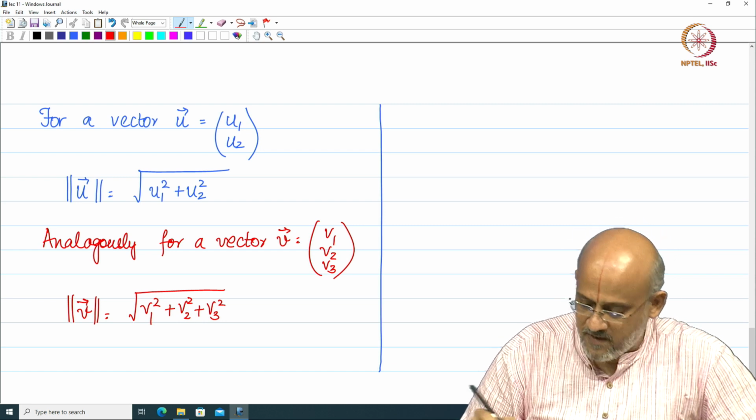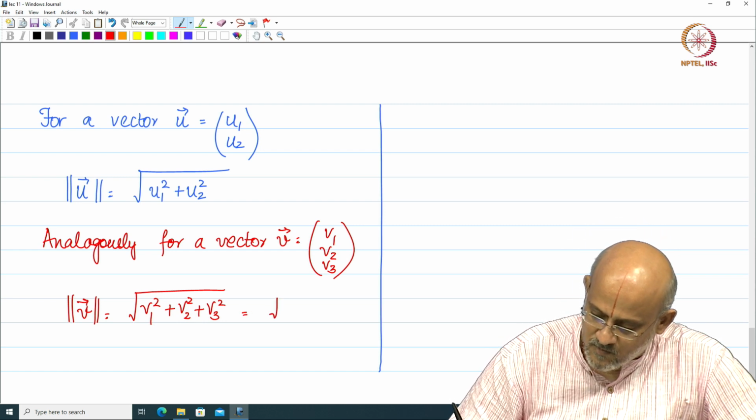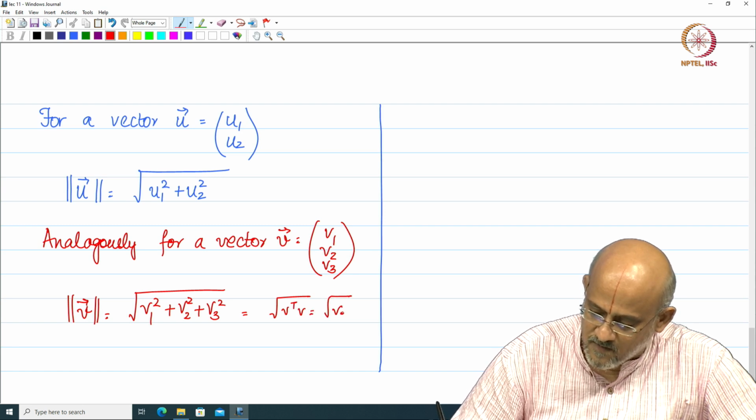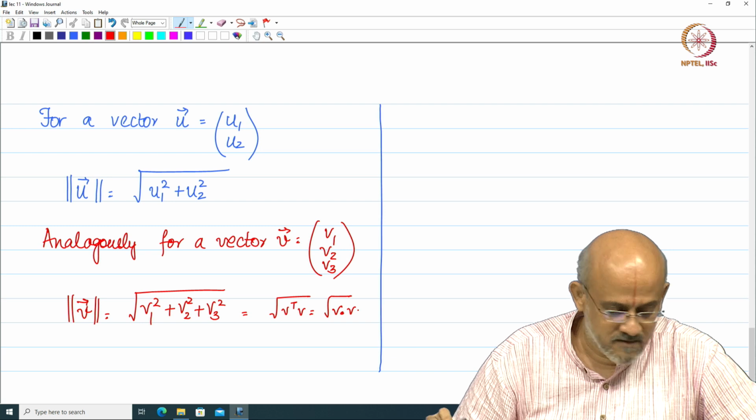And we defined this as square root of v transpose v, square root of v dot v.